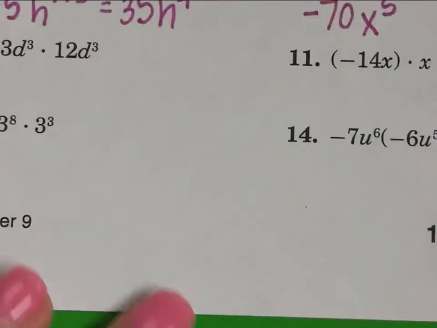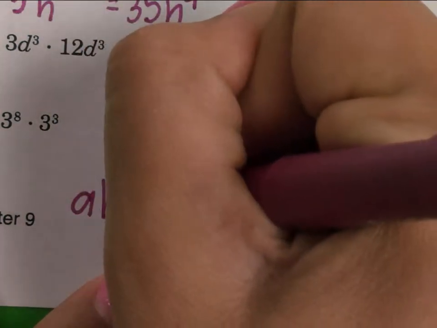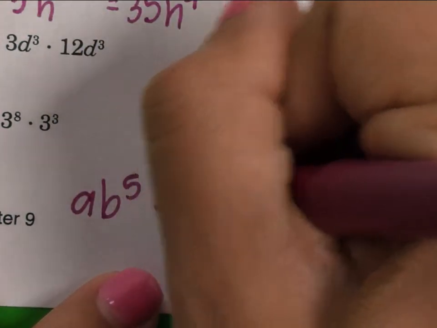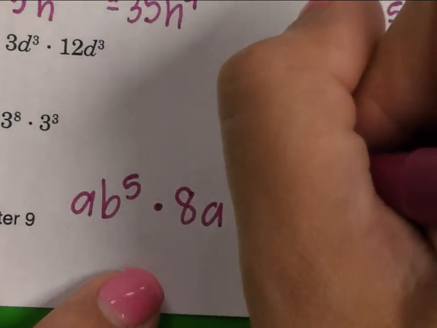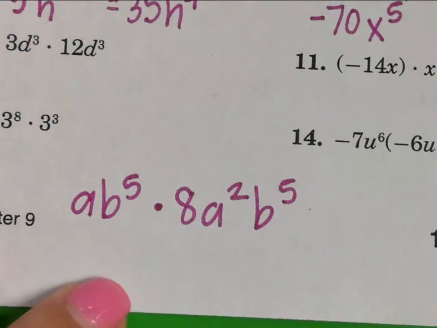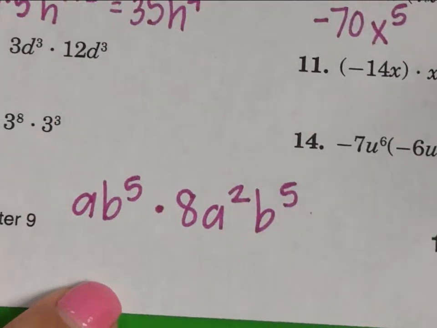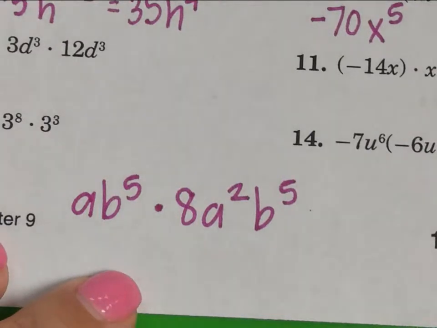What if I had this problem? A times b to the 5th times 8a squared times b to the 5th. What if I had that? What's the first thing that I need to look for?